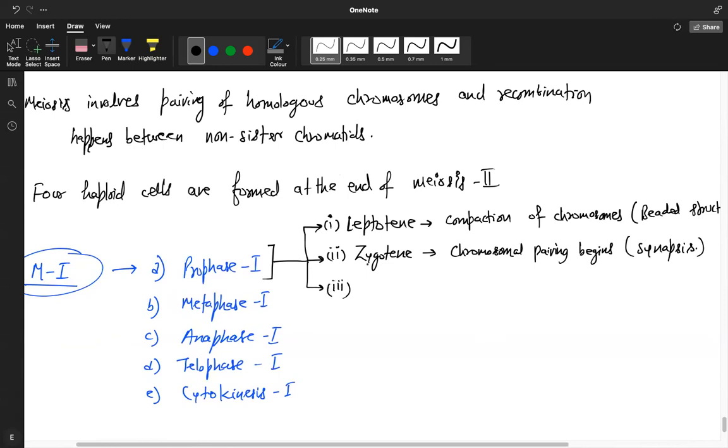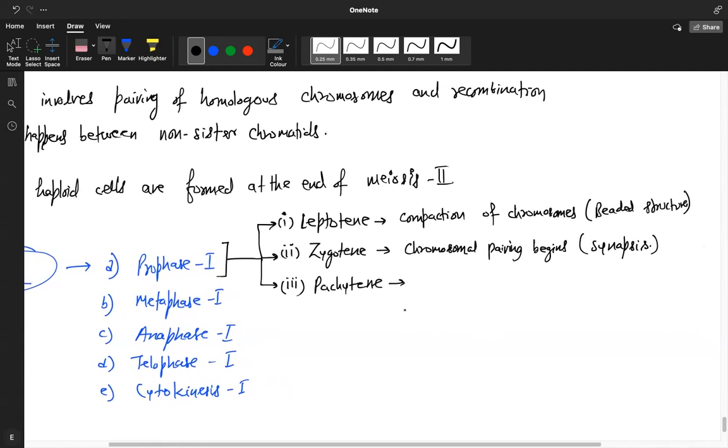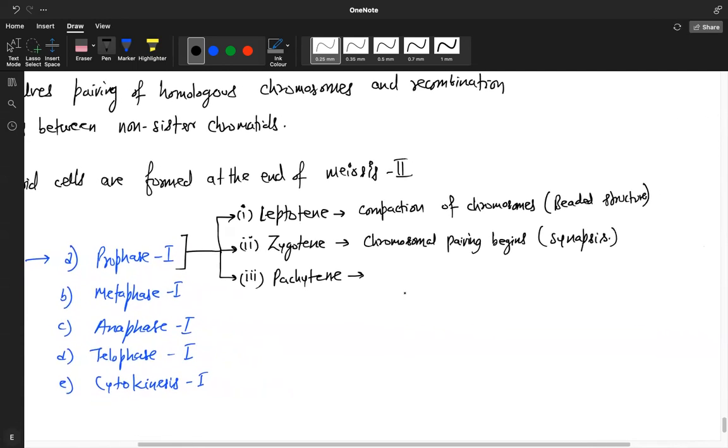Then what is the third in prophase 1? Pachytene. Tell me in one line what happens in pachytene. Crossing over. Yes, in this stage the 4 chromatids become visible, and crossing over happens. So what I have told you above, can you see where it comes?